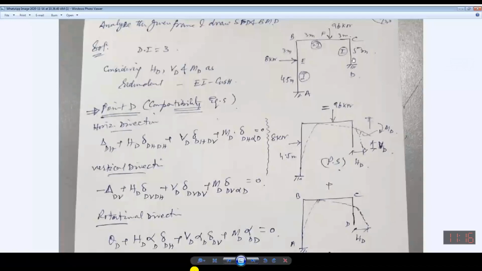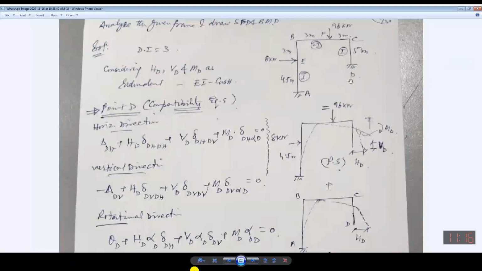Similarly, due to the vertical force, there will be horizontal displacement, vertical displacement, and the rotational displacement. Similarly, due to moment, there will be the horizontal displacement, vertical, and rotational displacement.